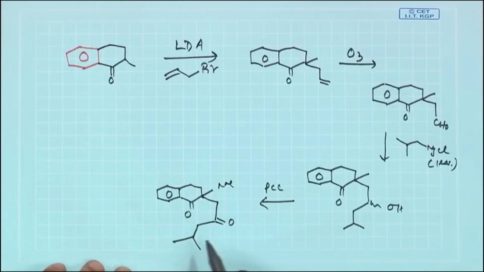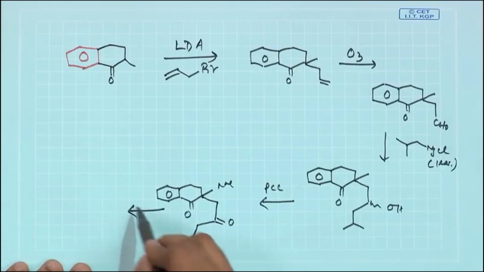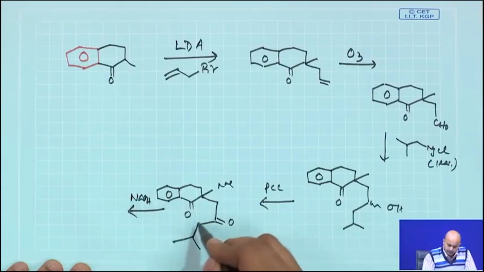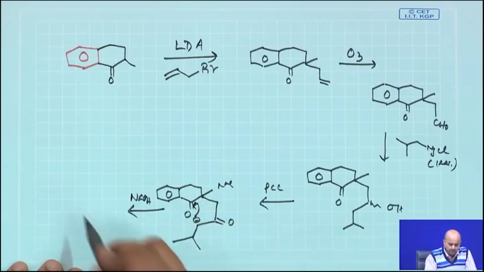Now you subject this ketone to a base, normally sodium hydroxide. Make sure this carbanion is generated, it attacks here. So, 1, 2, 3, 4, 5.